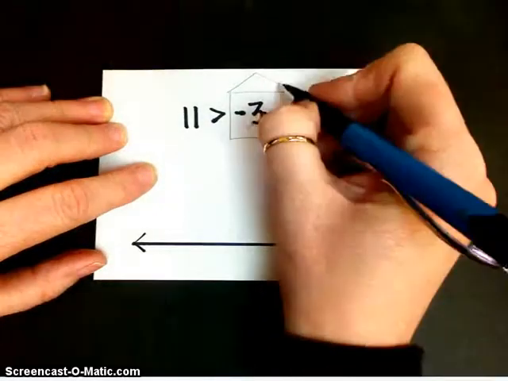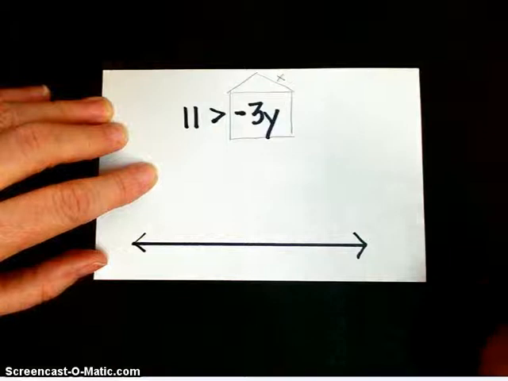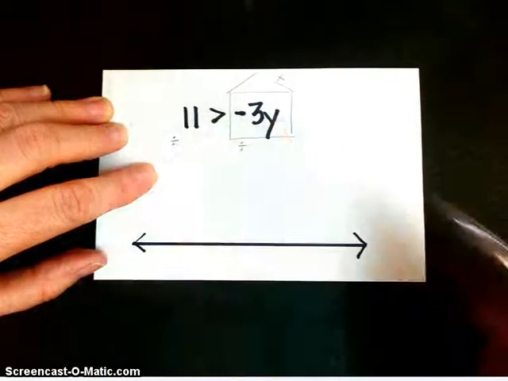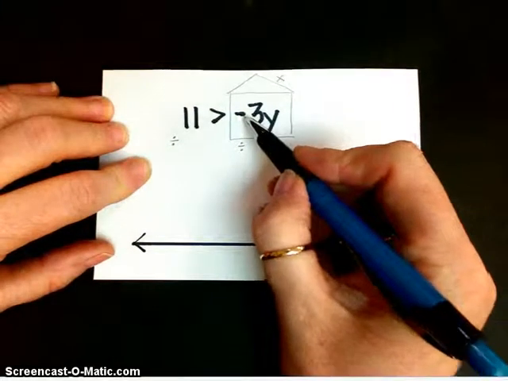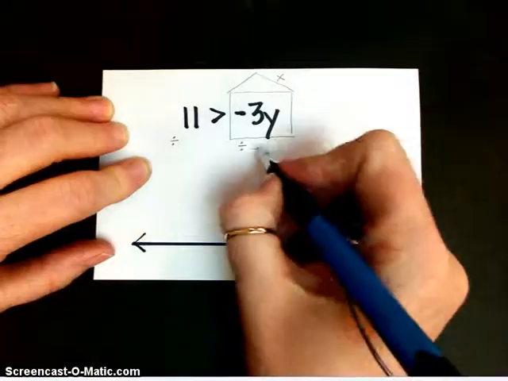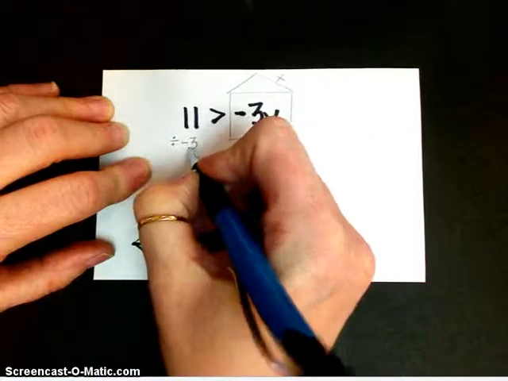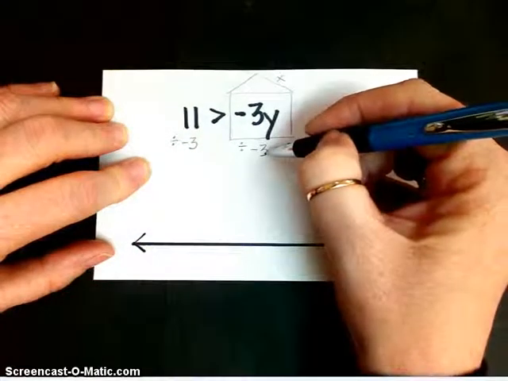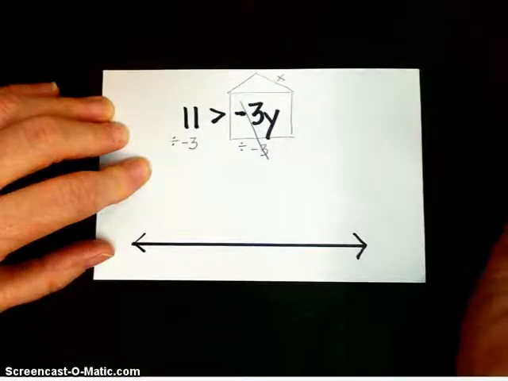I have started off with multiplying, so my chimney is going to be a multiplication sign, which lets me know whatever I do here to both sides has to be the opposite of multiplication. If I am multiplying times -3, in order to cancel those out, I have to divide both sides by -3, because -3 divided by -3 is 1, and that leaves us y just by itself.